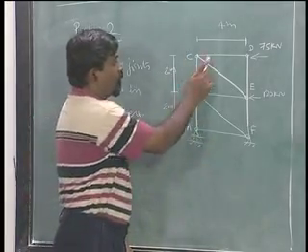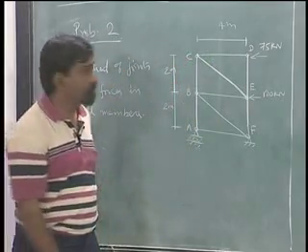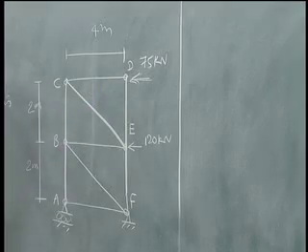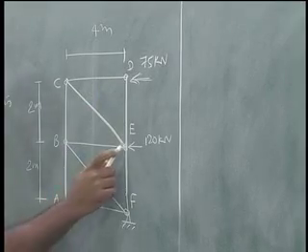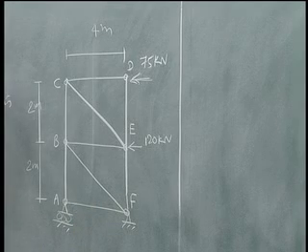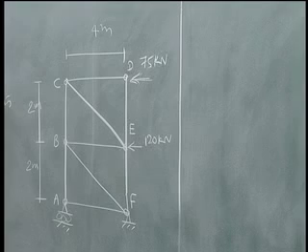There are 3 members here, which means 3 unknown forces exist at this particular point. If I look at this, there is a known force and 2 unknown forces. Here 4 unknown forces. If you look at this, including the reaction, there are 4 unknown forces, including the reaction. Here there are 3 unknown forces and so on.